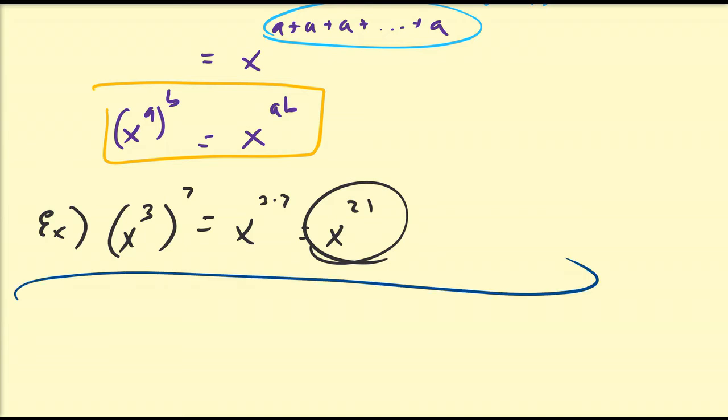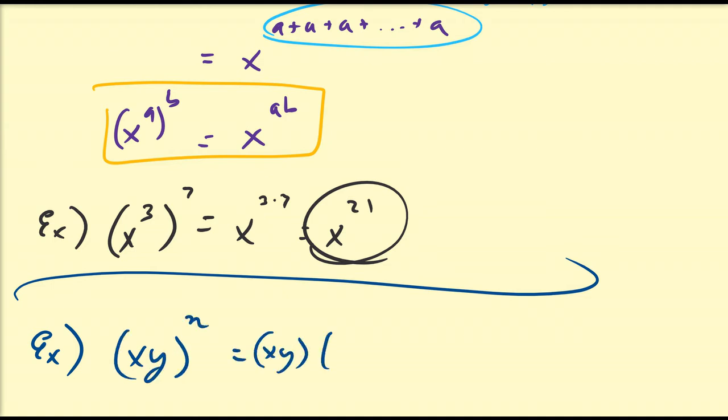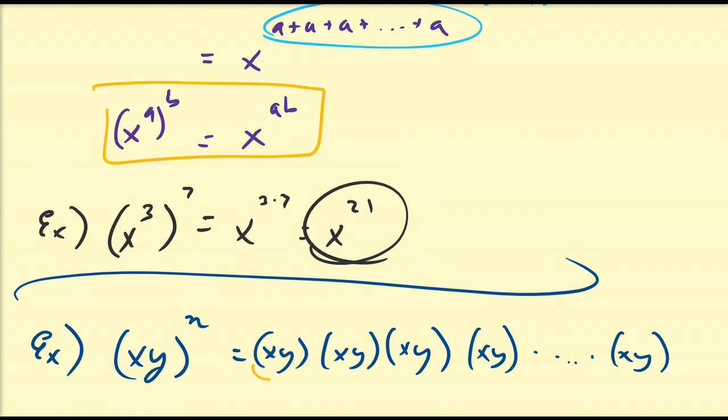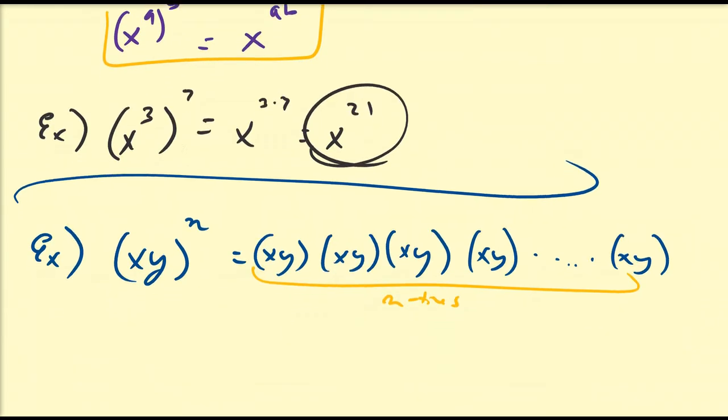Alright, so let's look at another expression. Suppose I have xy, all to the power of n. So this again is the same as xy times xy times xy times all the way down to xy. Again, I have n of these. Let's assume n is a natural number.